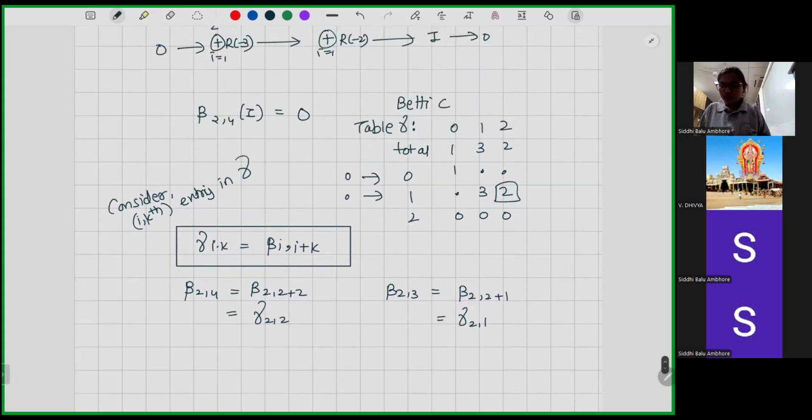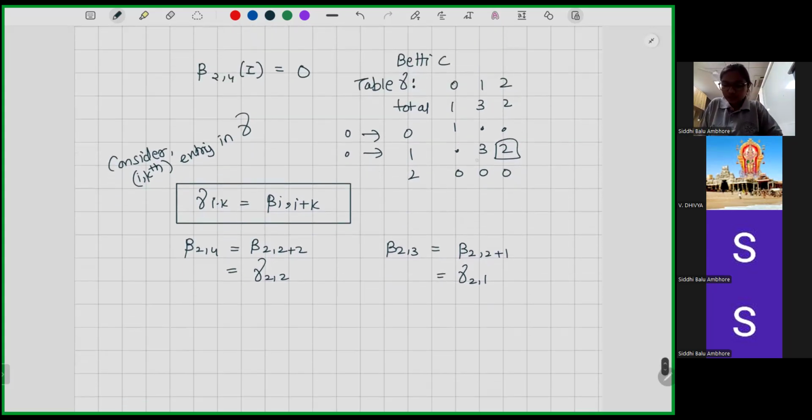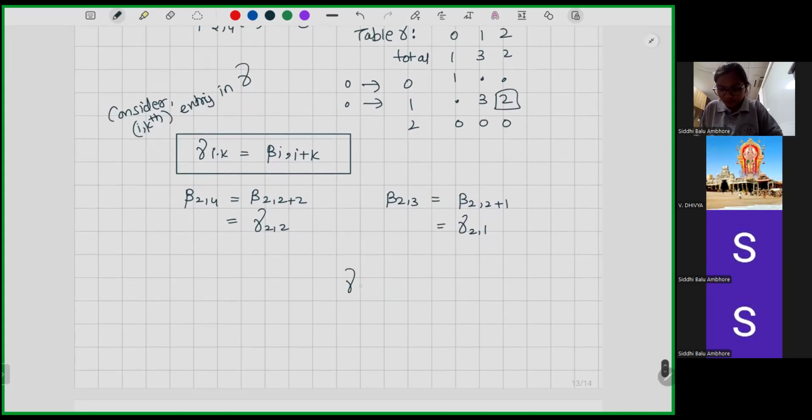Okay. So this 3 here, which is what? This is gamma 1, 1, which is 1 comma 2. This 3 here, it is gamma 1 comma 2.